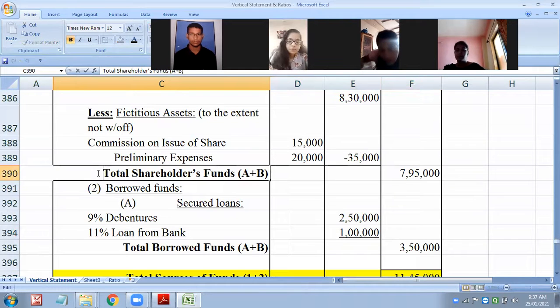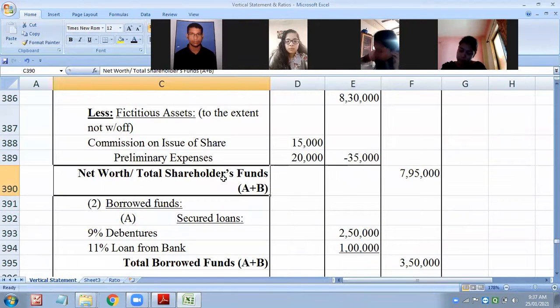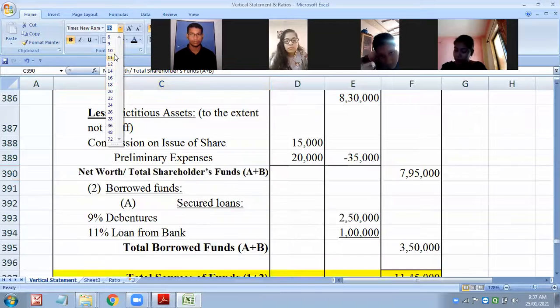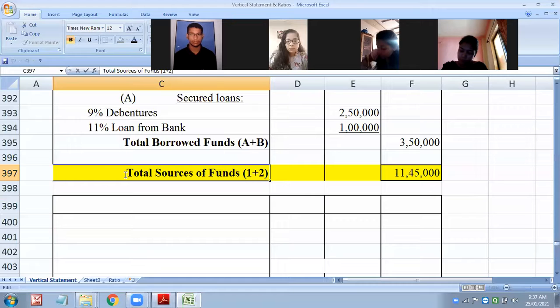So this was your net worth also. Okay. This total fund employed or capital employed is the same.